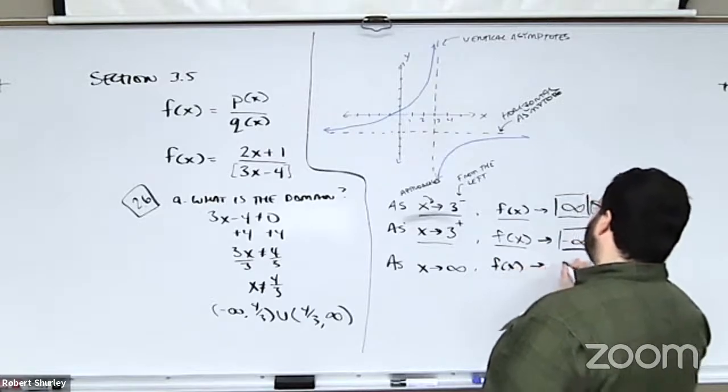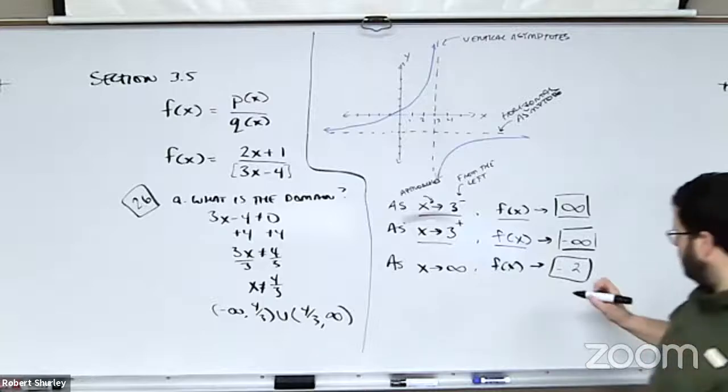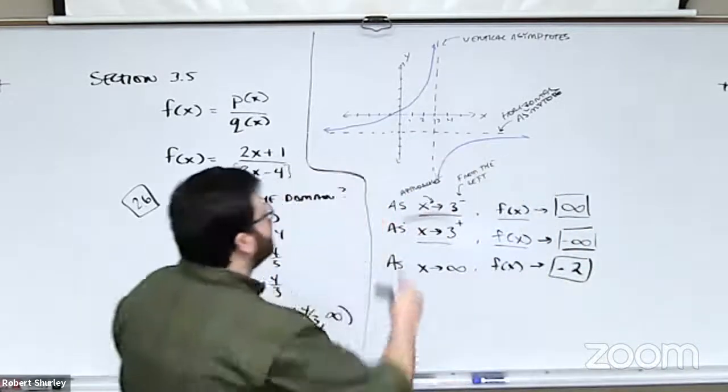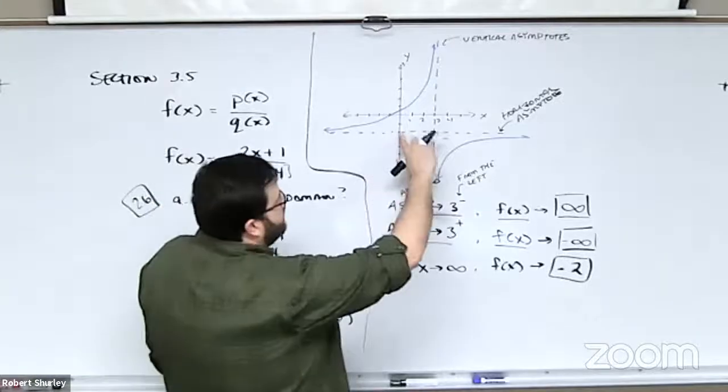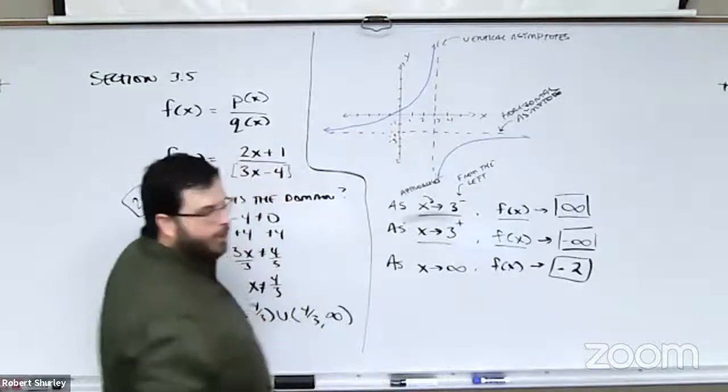So f of x is actually headed towards -2, because that's where our horizontal asymptote is. It's at -2 here: -1, -2, -3, okay?